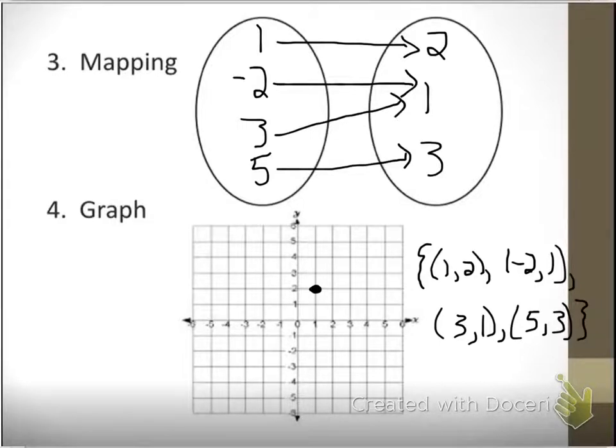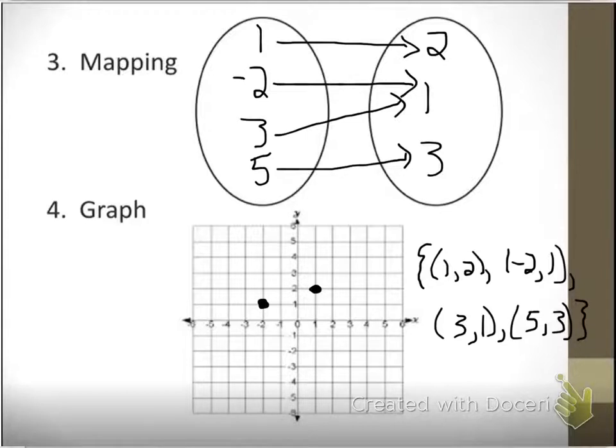Can someone help me out with my next ordered pair? -2, 1. 2 to the left and up 1. Very good. Let's go left 2, up 1. Questions on that one?